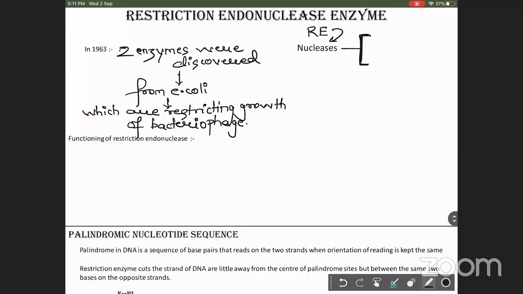So nucleases are of two types: exonucleases and endonucleases. Has anyone heard about exonucleases and endonucleases? If you keep interacting and answering, you will understand better.